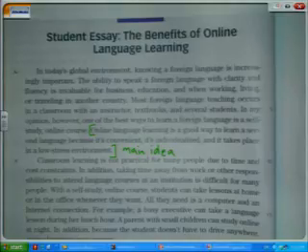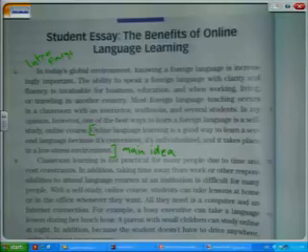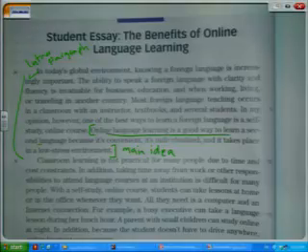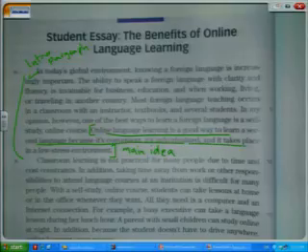And of course, this is the intro paragraph. All of this is the introductory paragraph, and from here to here, this is where your main idea is at.